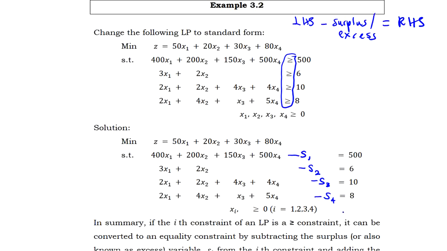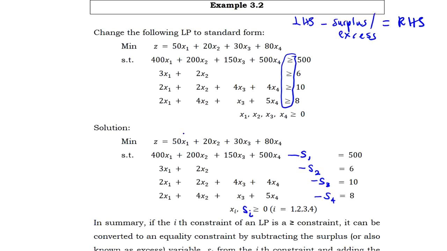So now we have x1, x2, x3, x4 and also these 4 surplus variables. So don't forget to put si greater or equals to 0 and i equals to 1, 2, 3, 4.